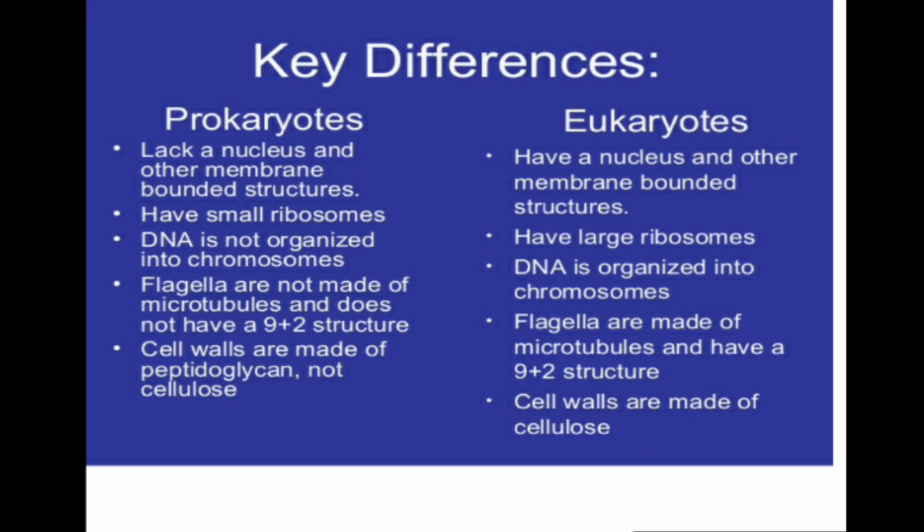In a prokaryote, the DNA is not organized into chromosomes, whereas in eukaryotes, the DNA is organized into chromosomes. In prokaryotes, the flagella are not made up of microtubules, whereas in eukaryotes, the flagella are made up of microtubules. The cell walls of prokaryotes and eukaryotes also are different.